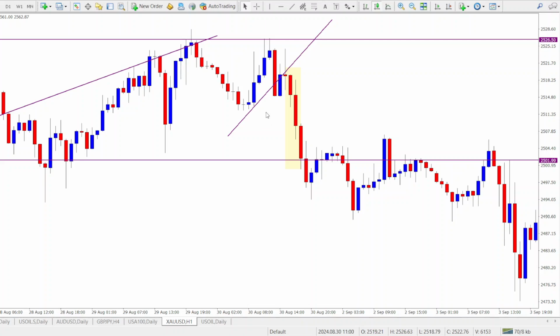Then you're going to have the first bearish candle of the pattern appearing right after a bullish move. The second bearish candle opens within the body of the first candle and closes lower. It must close lower than the previous candle. And then finally, the third candle does the same: it opens within the body of the previous one and closes lower than the previous one.